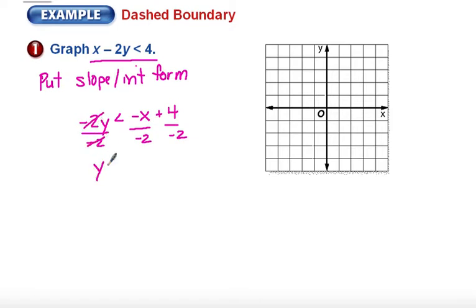Now, we'll remember our rules for inequalities. When we divide by a negative, we're going to have to switch that inequality sign. Now I'll do the math on the right. -1x divided by -2 is a +1/2 x. And 4 divided by -2 becomes -2.